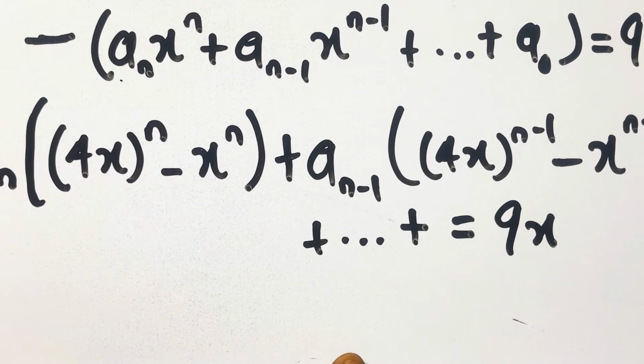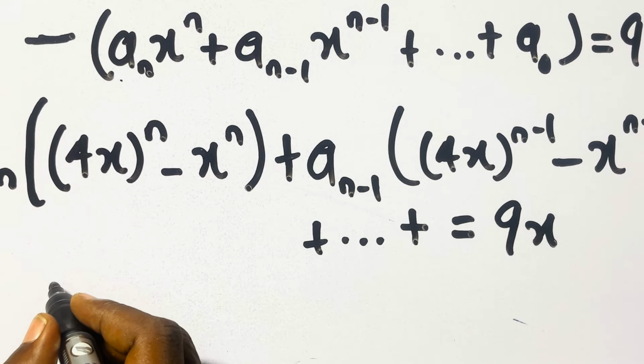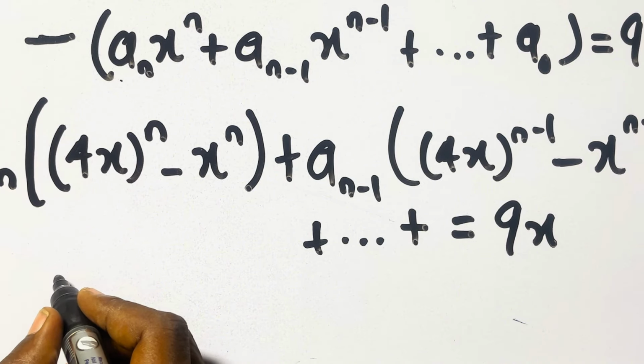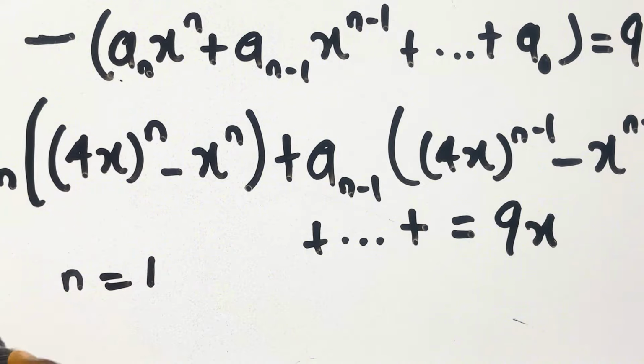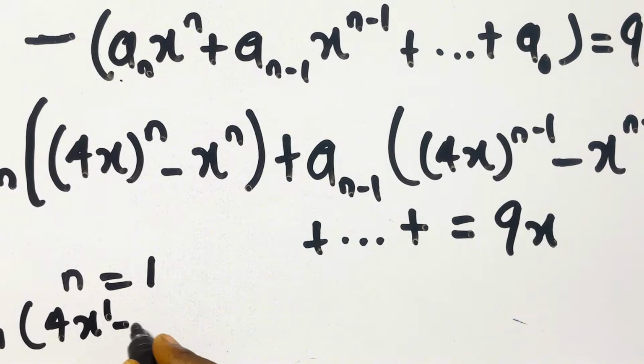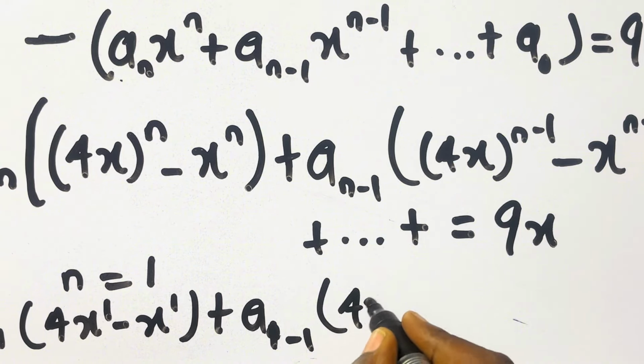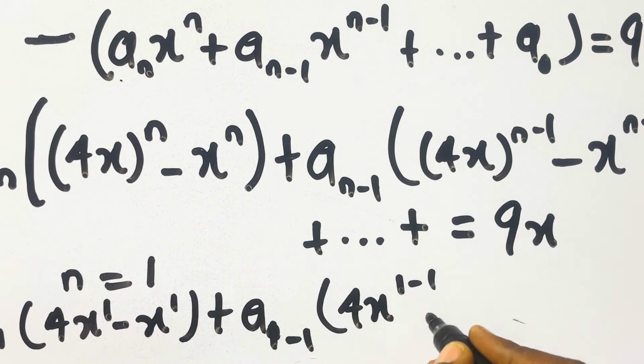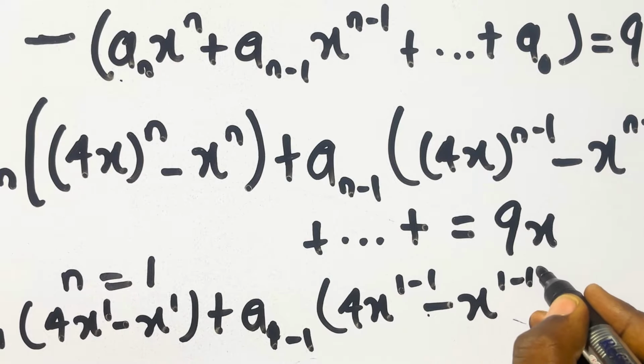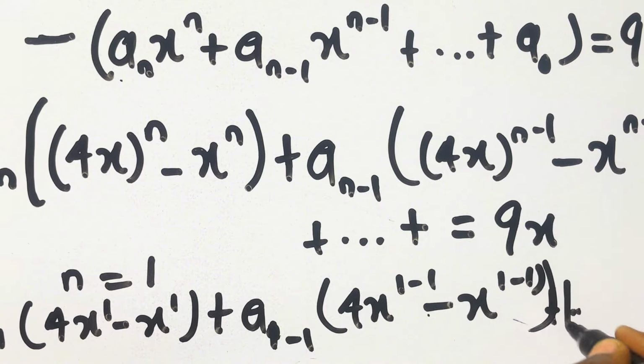Now we are going to do something interesting here. If we let n equal 1, we are going to have a_1 times 4x raised to power 1 minus x raised to power 1, plus a_(1-1) times 4x raised to power 1 minus 1 minus x raised to power 1 minus 1, and this will continue, equals 9x.